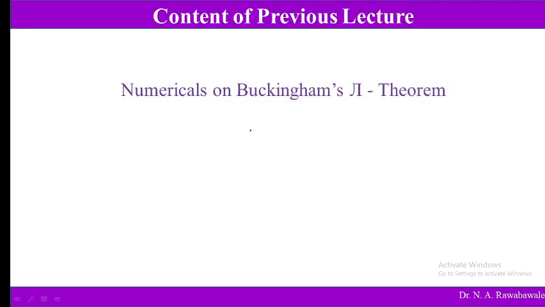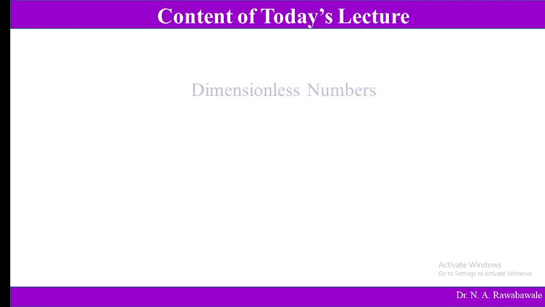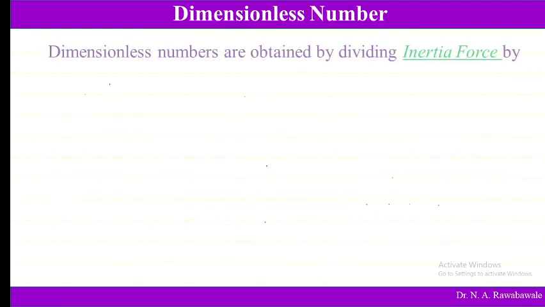So in the previous class we discussed some numericals on Buckingham's pi theorem. Today we are going to discuss dimensionless numbers. Now let us see what a dimensionless number is. A dimensionless number is a number obtained by the ratio of two kinds of force.